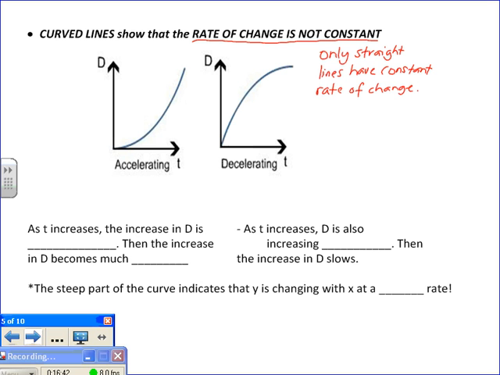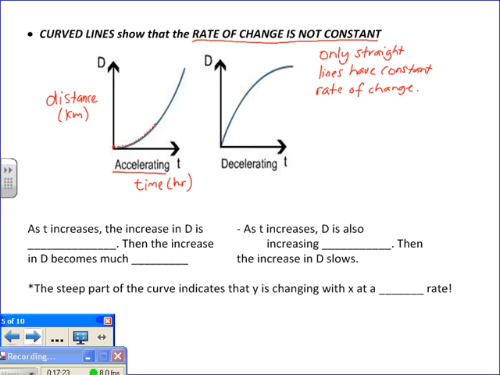If I look at the graph on the left-hand side, it says accelerating. If we were to think about, again, distance here, in kilometers, for example, and I have time on my x-axis, maybe in hours. What I can see here is that I'm starting at 0, and as I move along in time, I am increasing in my distance.